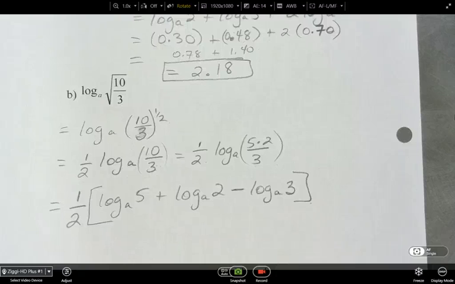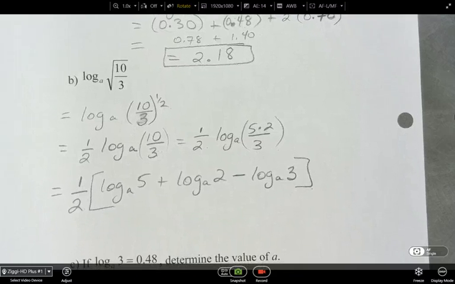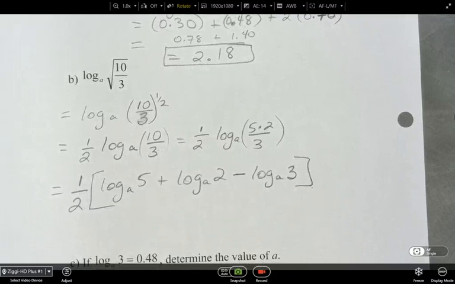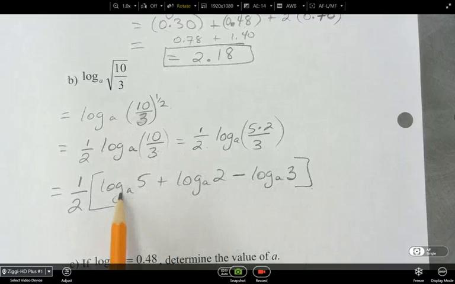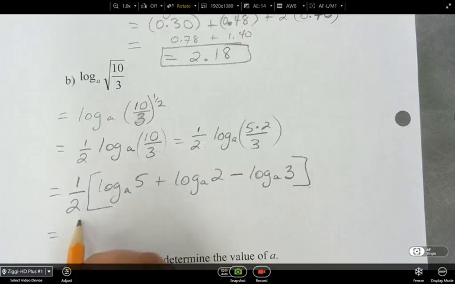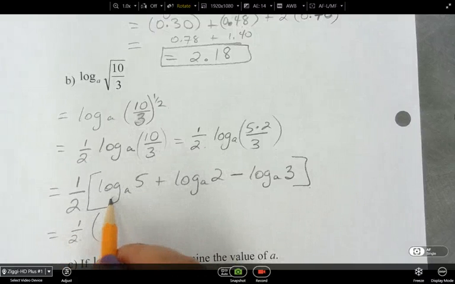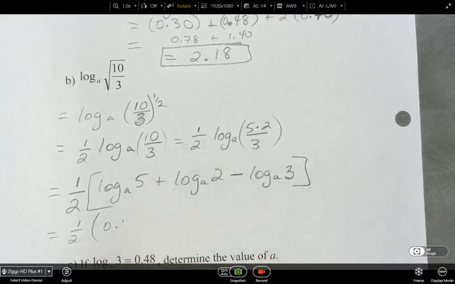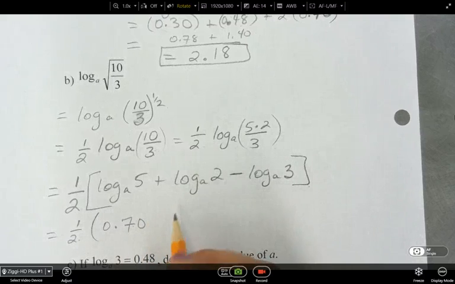Now, how did that work out? Are we where we want to be in terms of the simplification? Yes, because we notice that we have these prime numbers that we had at the very top of the page, right? So 1/2, and then what is log A5? 0.7? Okay. And what is log A2?